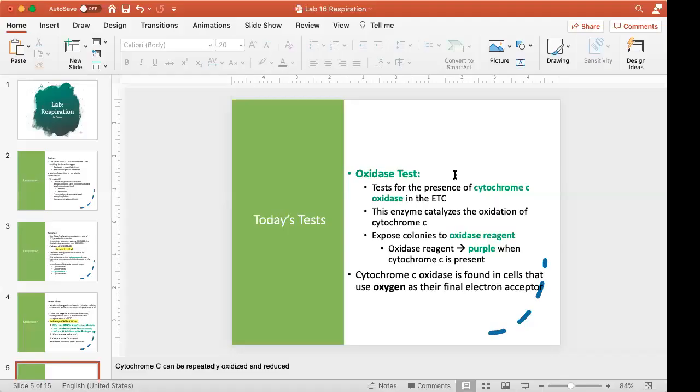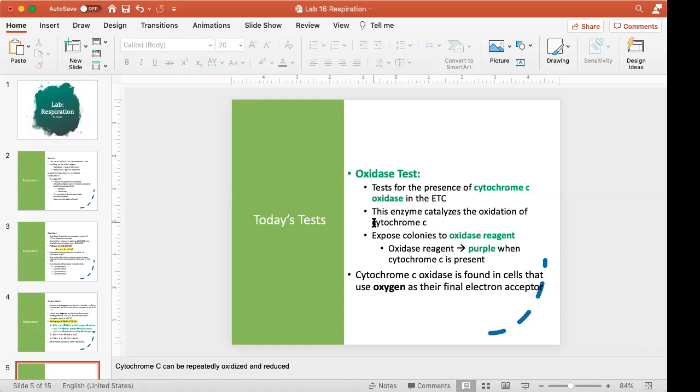This test looks for this enzyme because this enzyme is needed for cytochrome C to do its job. So we're not actually detecting the cytochrome C, but we're detecting an enzyme that lets cytochrome C do its job.